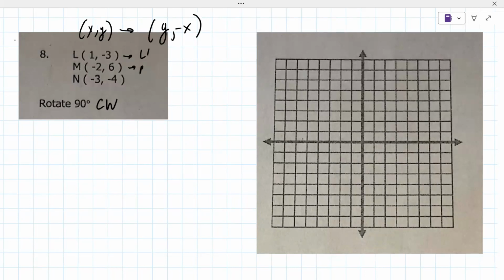Negative y, x. You're looking at counterclockwise 90. Go to the third one there where it says clockwise 90 degrees. Oh right, y, negative x. Yeah, so what does that mean? It means that whatever the y value is goes in the x position. Whatever the x value is, you negate it and put it in the y position.